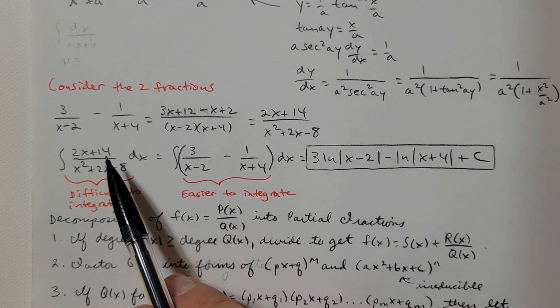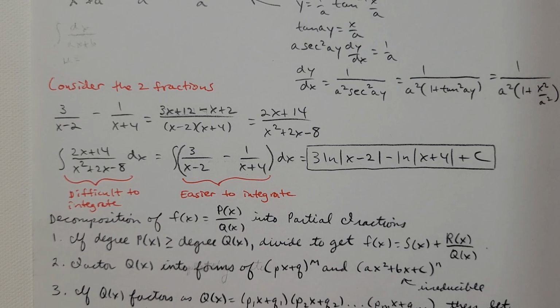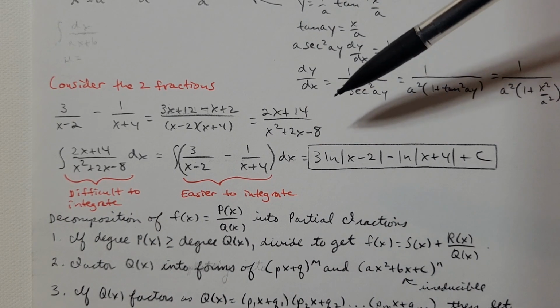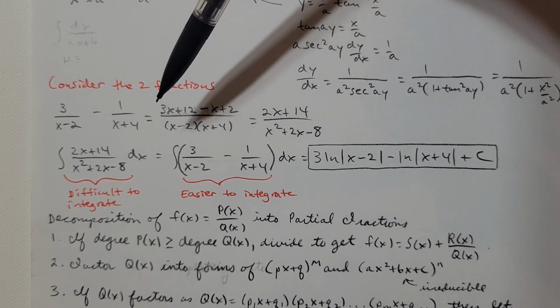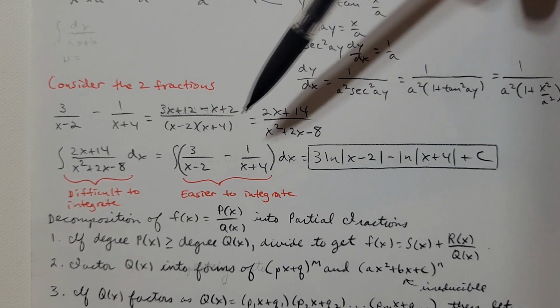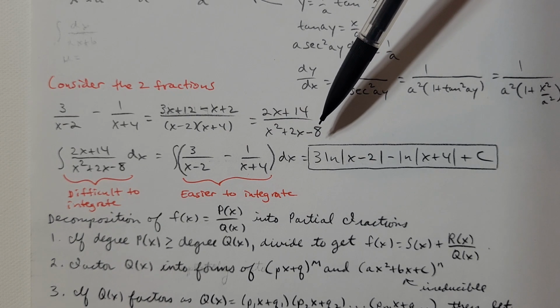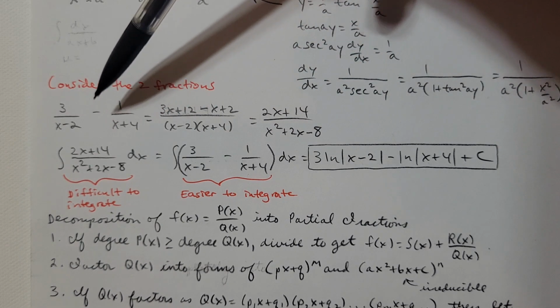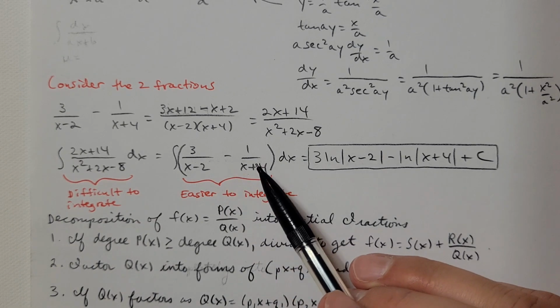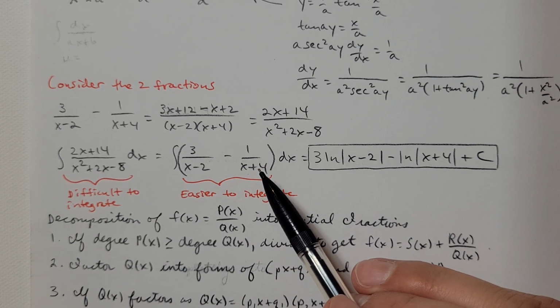I don't have a plus 2 in the numerator, right? So that's not going to work. But I know that these two things are equal, okay? So 2x plus 14 divided by x squared plus 2x minus 8, that's the same thing as 3 divided by x minus 2 minus 1 divided by x plus 4.